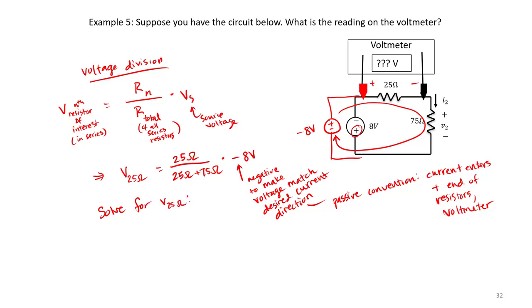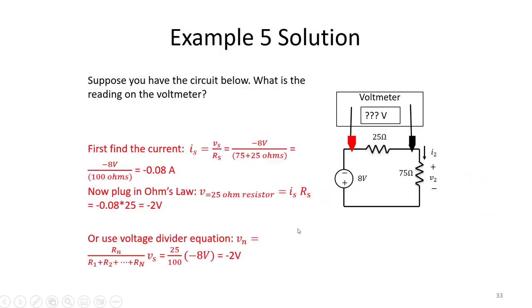We determine that we have 25 ohms divided by 100 ohms times negative 8 volts, which is equal to 1/4 times negative 8 volts, or negative 2 volts. So notice it's very important to pay attention to the polarity and the current directions, because if you're not careful, you might end up making some sign errors. So watch out for those sign errors. And there's our solution.